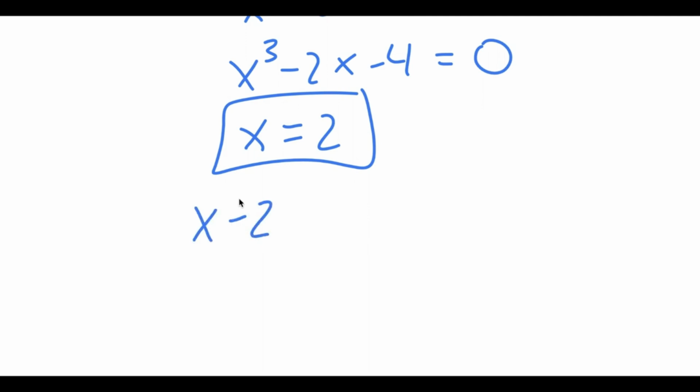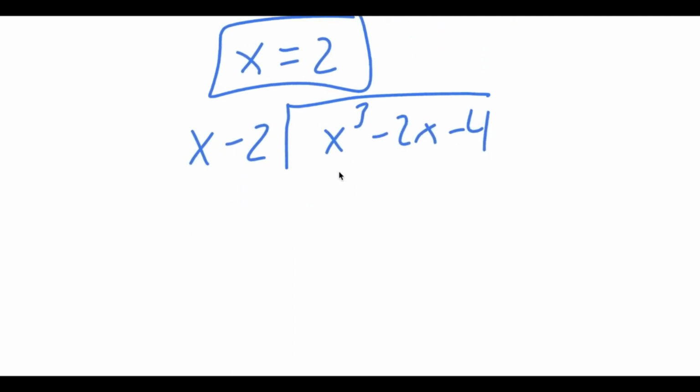x minus 2 equals 0 is a solution. So meaning we have to divide our original equation by it. So we have x to the power of 3 minus 2x minus 4 divided by x minus 2.